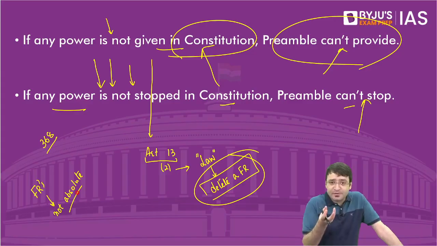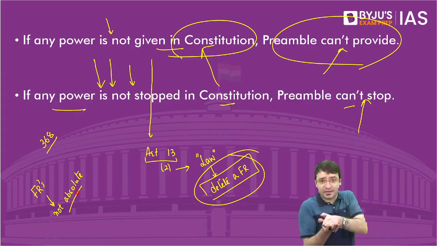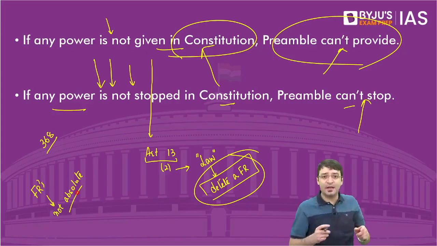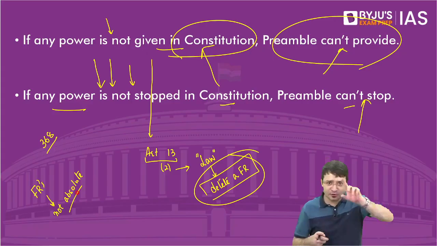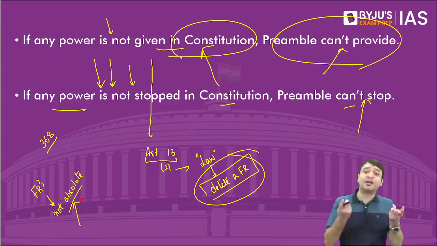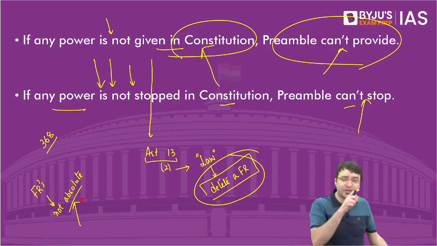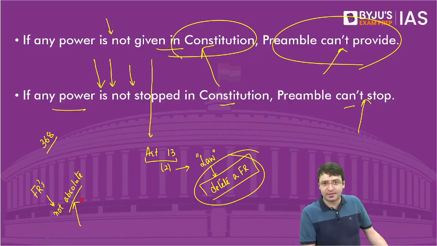But your freedom of speech and expression can be restricted on the grounds of public order. By crying fire, you have violated the public order because there was a stampede. So fundamental rights basically are not absolute. Restrictions can be imposed on your fundamental rights.